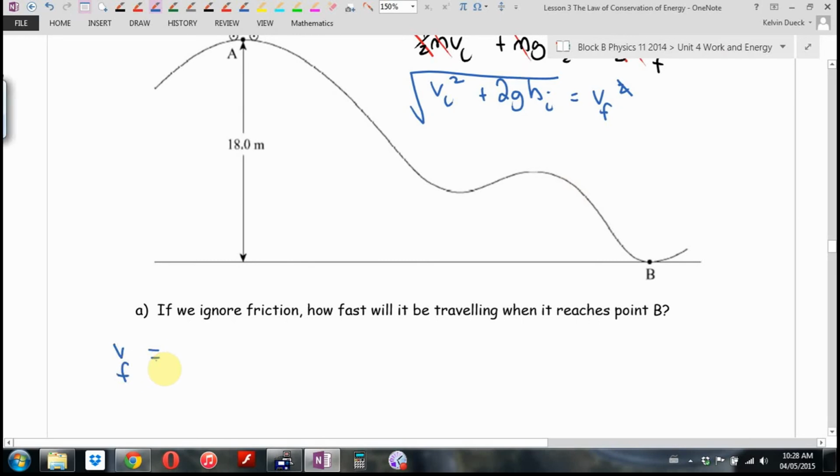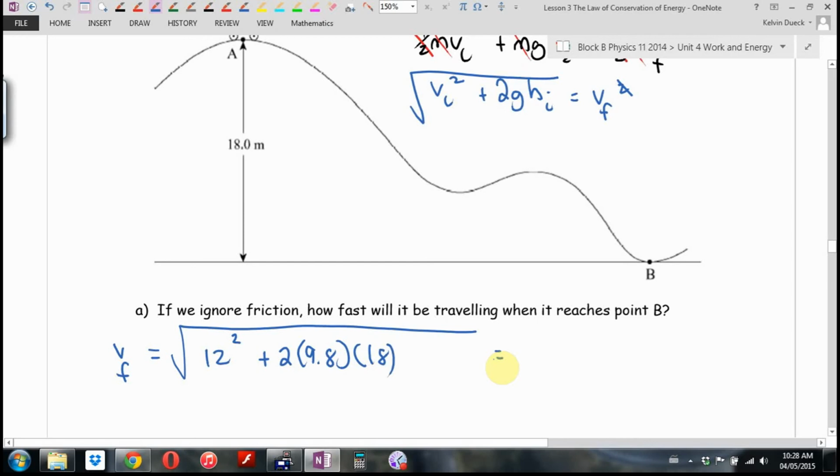This doesn't tell us the direction, although looking at the picture, I'm pretty sure the final speed is horizontal at the bottom there. But it's going to be the square root of Vi squared plus 2 times 9.8 times my initial height.